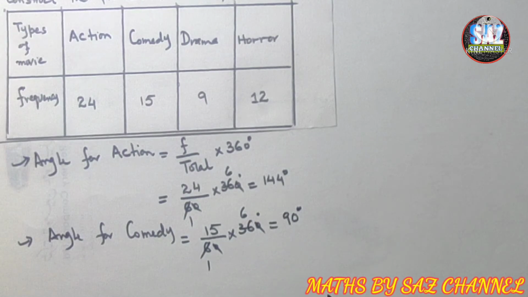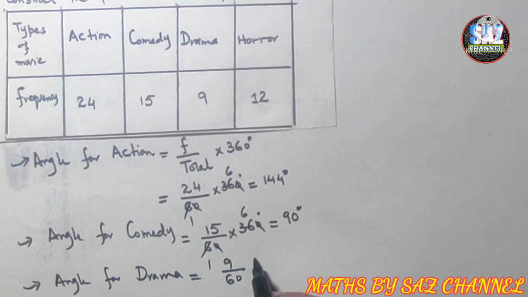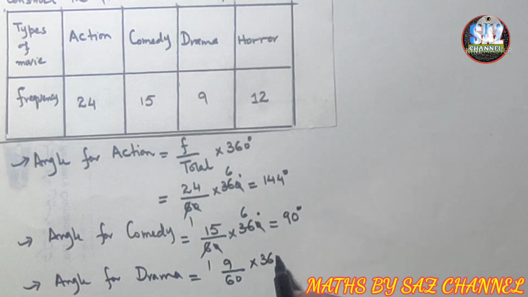You can see, students, I am teaching you during my lesson how to make your calculation easy. Okay, and then we have to find the angle for drama. Angle for drama will be equal to 9 over 60 multiplied by 360 degrees.